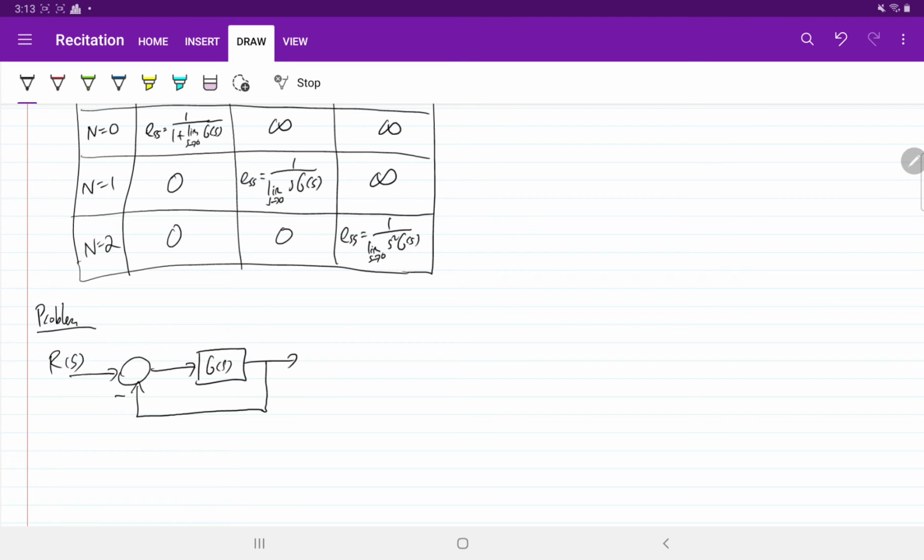The reference R, you have error over here, and the output is C of s, and G of s is given as follows: 100 times (s plus 2)(s plus 6) over (s plus 3)(s plus 4).